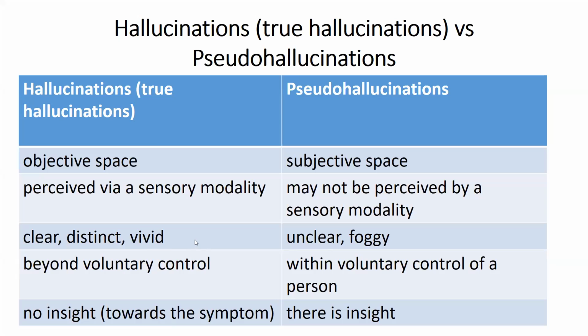Real hallucinations are perceived via sensory modality, from the ears, skin, fingers, eyes. But pseudo hallucinations are not. For example, a person can hear not a sound but thoughts. Somebody sends thoughts to him, or puts ideas into his head.